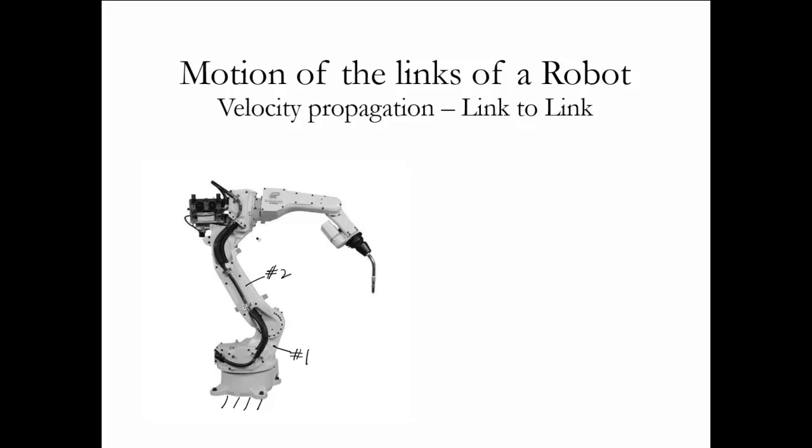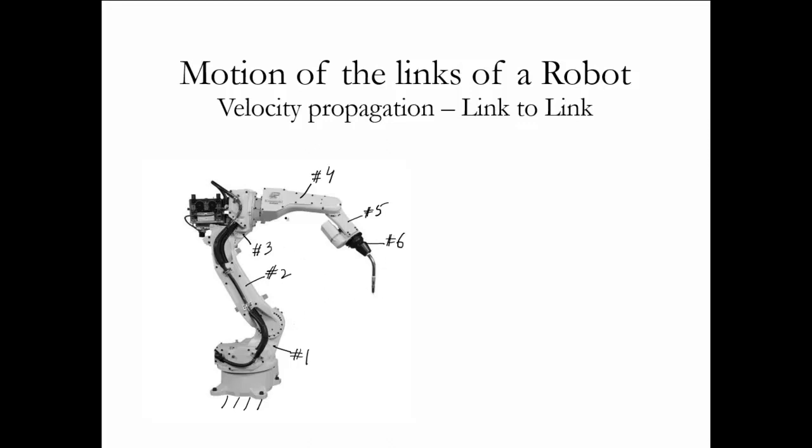Then link number 3 could be this one, and this is link number 4. Similarly, you have link number 5, and maybe this rotary part or the end effector is link number 6.